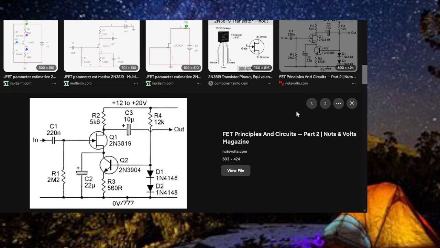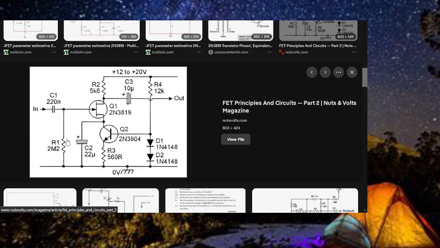What's this one here? This is interesting. FET principles and circuits. You've got 2 megohms, which is extremely high input resistance on this load, and a 3904.